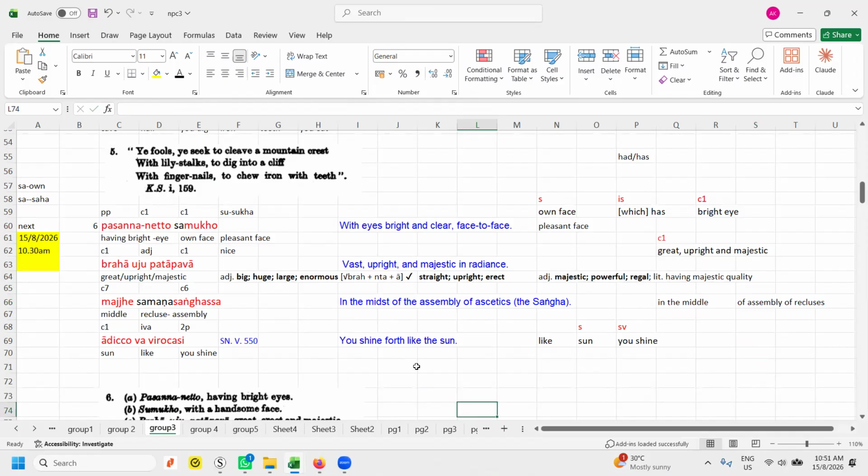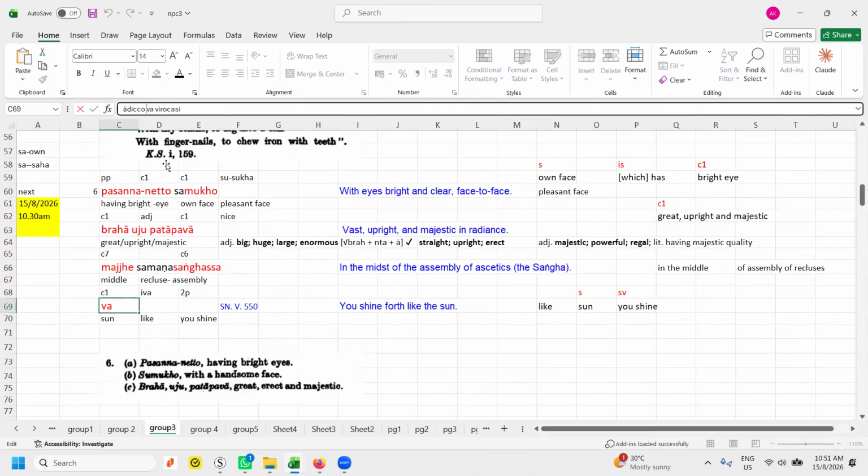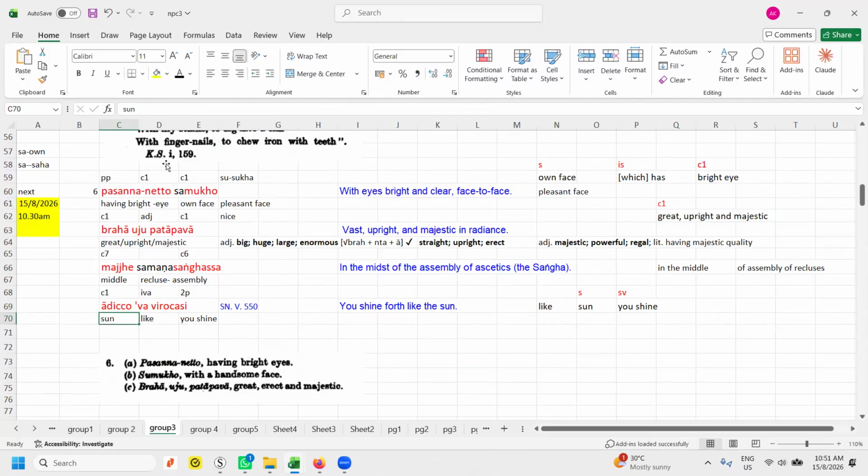Now the last one. You see this word adicho. This is adicho. This is already another line. Adicho, this is nominative. Wa virocasi. Normally you will see something like that. But however, sometimes you don't even see this.